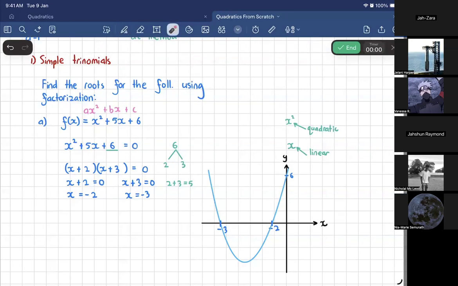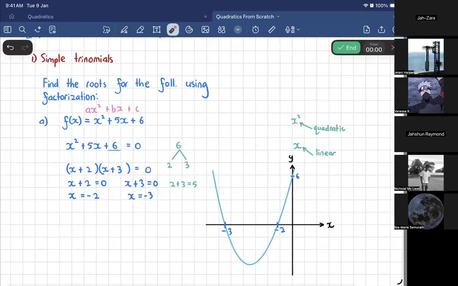The only thing this diagram is missing is the minimum turning point, which we may cover next class. But does everybody understand the placements of the x-intercepts and the y-intercept? Let me know. Yes, sir.